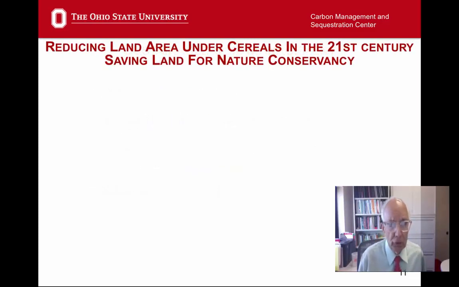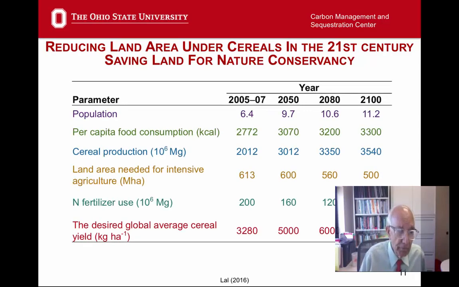There are certain issues which need to be addressed, especially addressing the food demand of the increasing population, which in this line is in billions at a global scale, increasing from 6.4 billion in 2005-7 to 9.7 by 2050, 10.6 billion by 2080, and 11.2 billion by 2100.